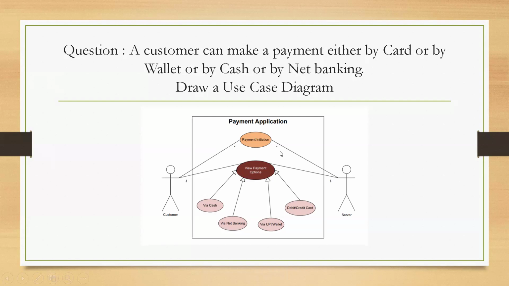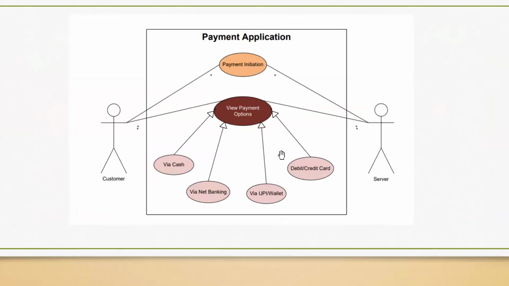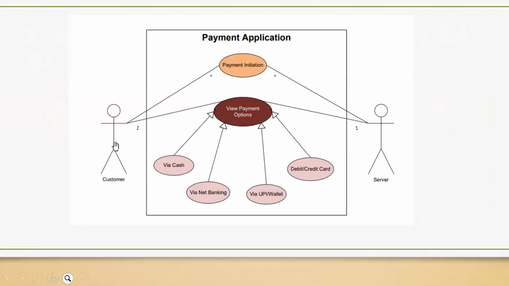So here, if you observe, the end user is the customer and the backend user, the secondary user, will be the server. The system name for which we are going to design the use case diagram is the payment application only, right? Here we have make payment and then different payment modes.